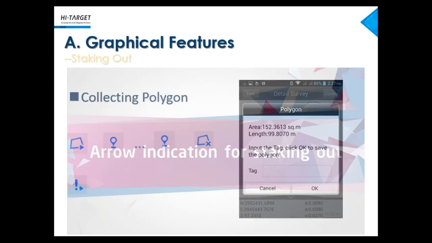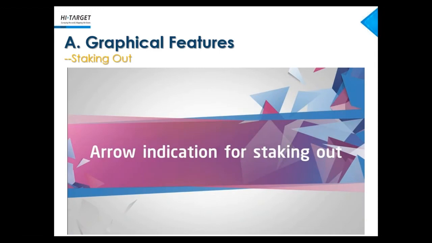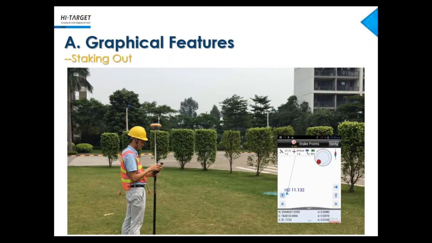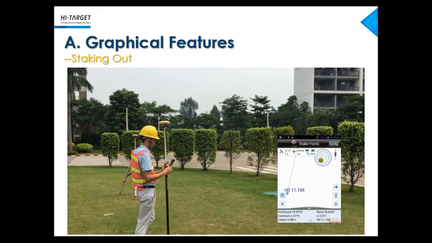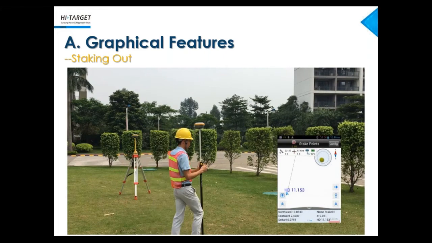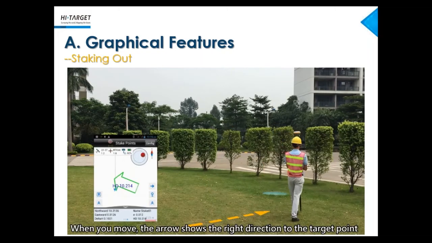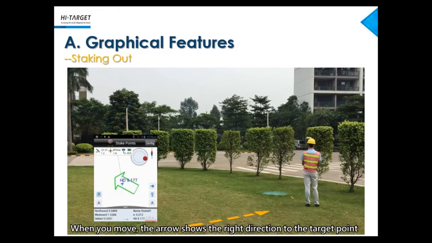After that, there are also stakeout features for our users, because we have an arrow for the stakeout. As you can see from the screen, when this guy started to stake out, the arrow shows the right direction to the target points. When it is green, it means that approximately you are in the right direction. If it is yellow or red, it means you are in the wrong direction.